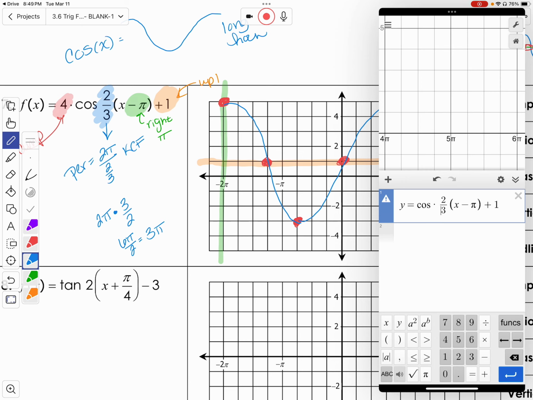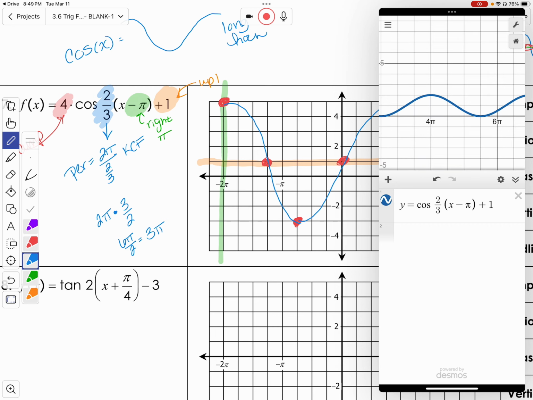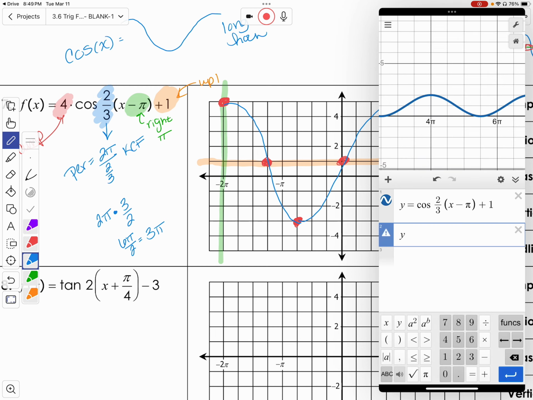And it does not like the times symbol, so we'll take that out. There you go. Here's your Texas Longhorn. Here is your midline. There's the middle of your graph.